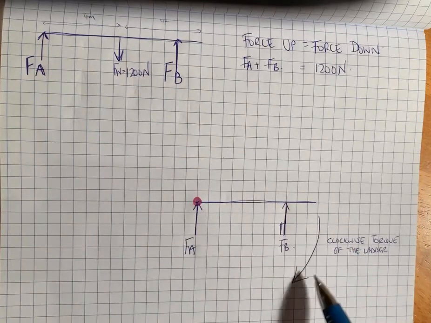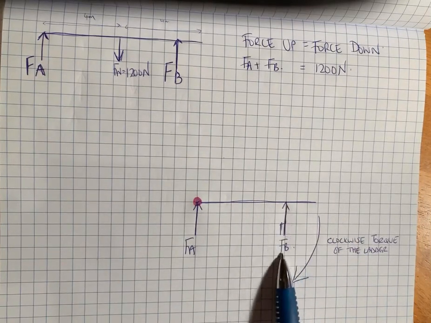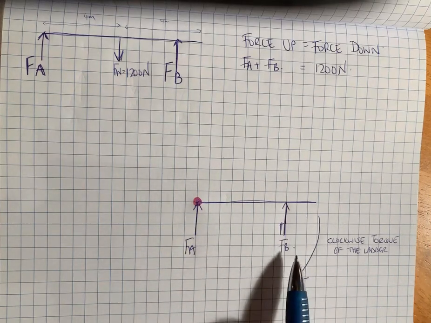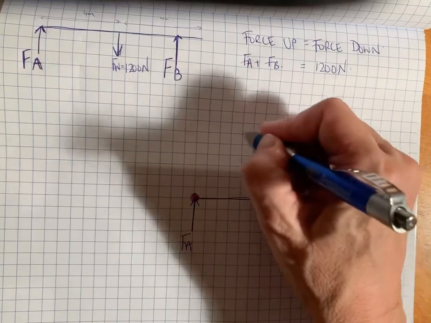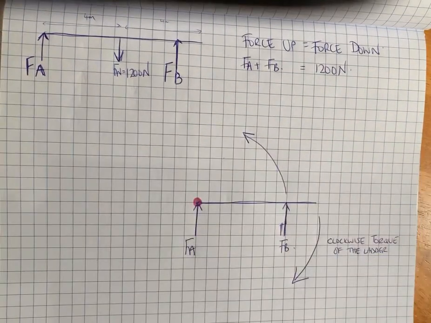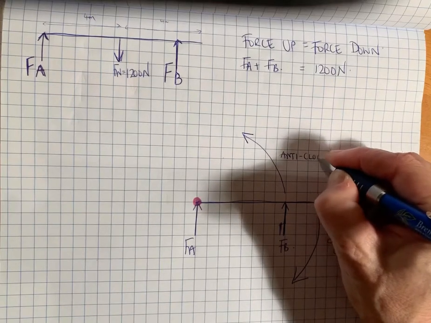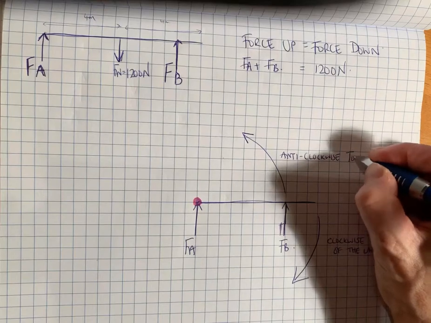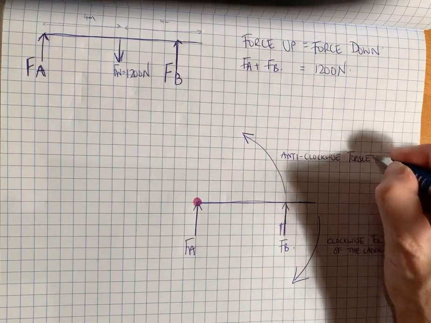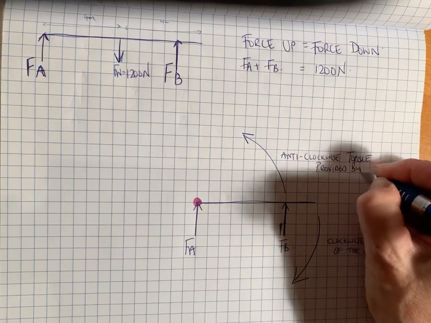Now, what's stopping it coming around like this is the force that Brian is applying upwards. And if Brian just kept pushing and pushing upwards, he would make the ladder do that. So that is the anti-clockwise torque provided by Brian.